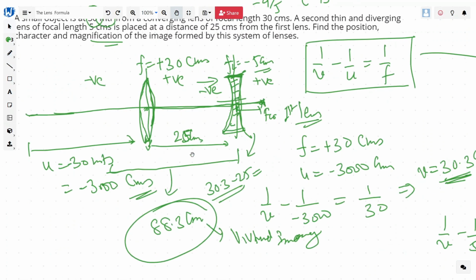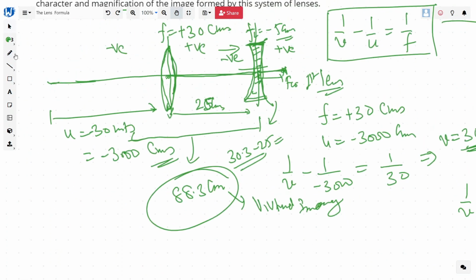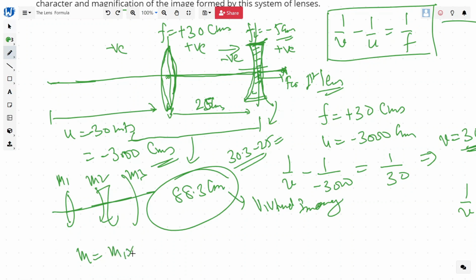When it comes to the magnification, the formulas are very simple, right? So you have one lens which produces a magnification of M1, then you have second lens which produces a magnification of M2. Let's say you have a mirror which produces M3. So any kind of object, basically the final magnification is a multiplication of this with the right signs. Okay, very simple. So here we have two lenses.